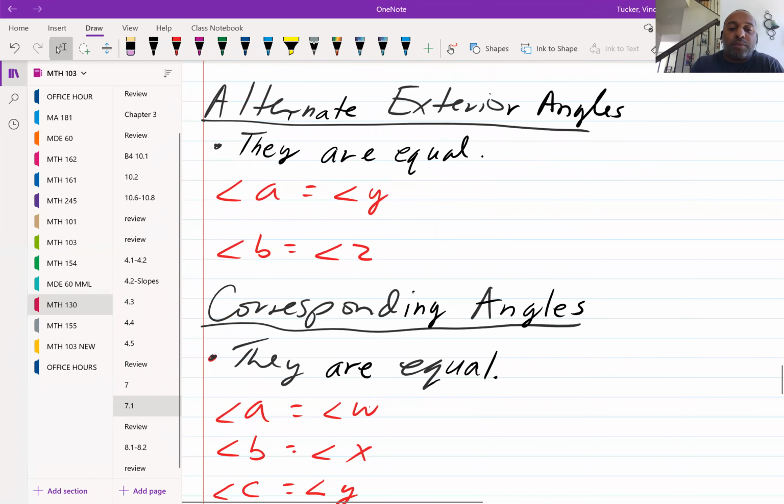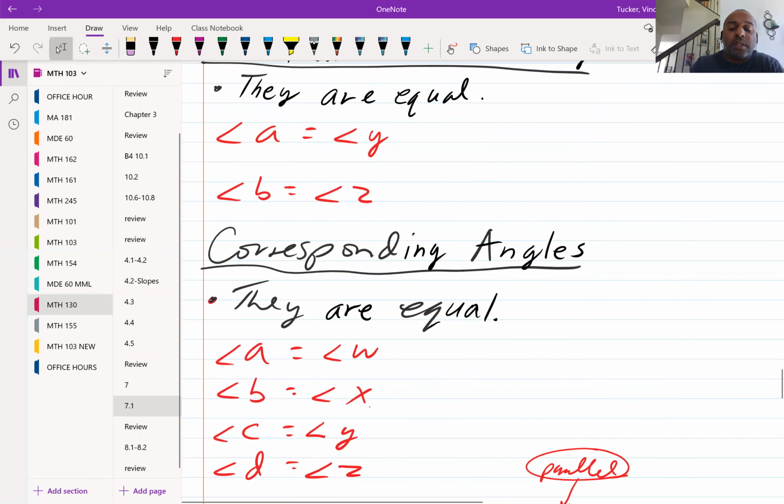So then the last relationship is your corresponding angles. And so they're going to be equal. I'll let you copy that down. Then we'll go back to the diagram.